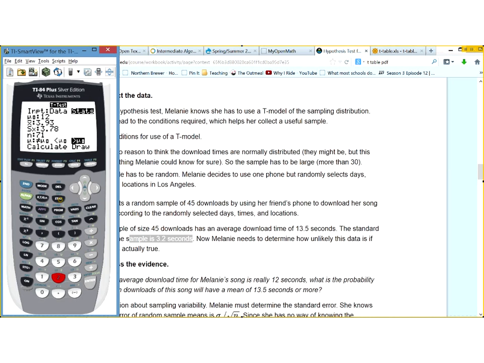Same place as the hypothesis. All the hypothesis tests and the confidence intervals are under the stat button. There's your stat, edit, etc., and then go to the tests heading. A confidence interval for a mean was t-interval, but for a hypothesis test it's T-Test, number 2.